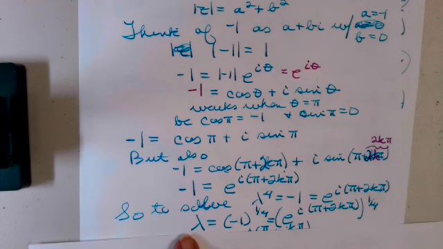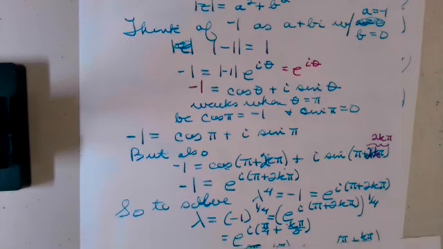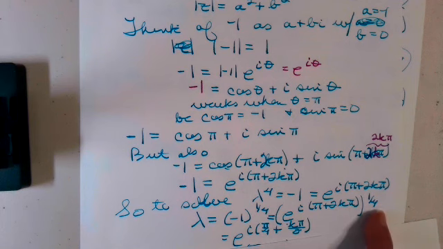So when you take the 1/4 power, that is, you're finding fourth roots of -1, you have to take the 1/4 power of that exponential. But when you're taking the power of something that has an exponent like that, you multiply the exponents. So this becomes e to the i, now I'll start multiplying through, pi over 4 plus k pi over 2.